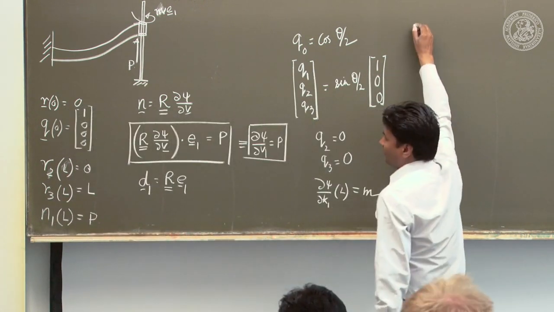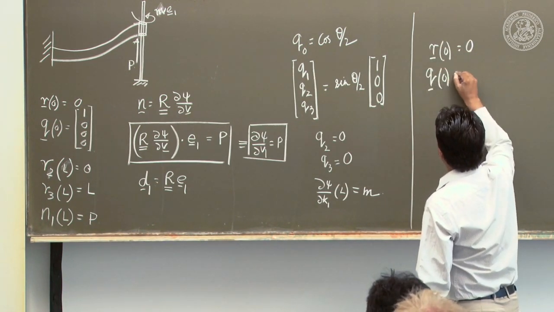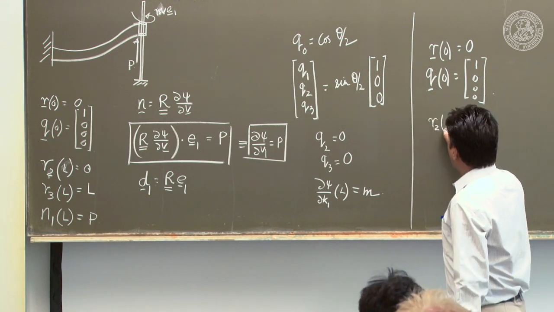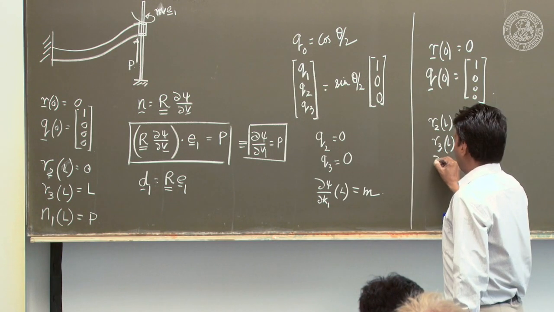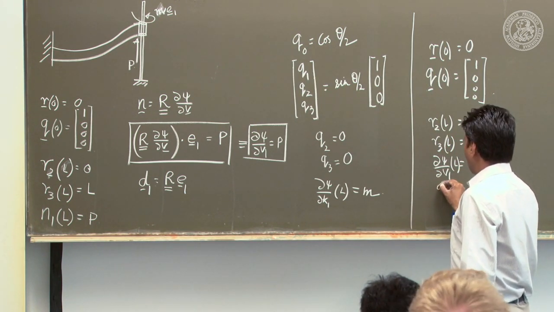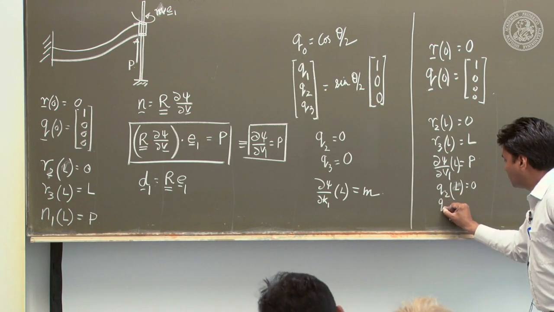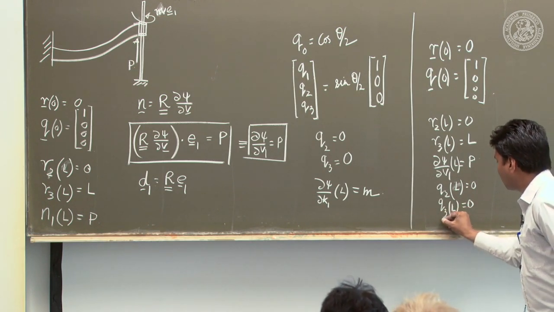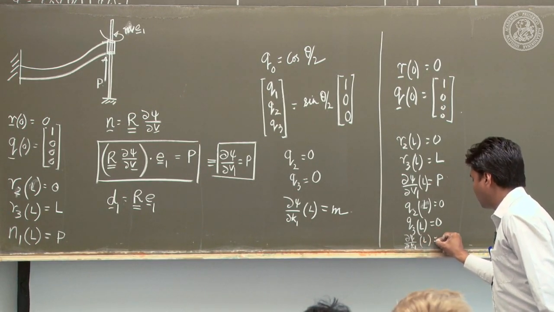Right. So, your boundary conditions I will write again: little r at 0 is equal to 0, q at 0 is equal to 1 0 0 0, then r2 at L is equal to 0, r3 at L is equal to L, then del psi by del V1 at L is equal to P, then Q2 at L is equal to 0, Q3 at L is equal to 0, and the final one is del psi over del K1 at L is equal to m.